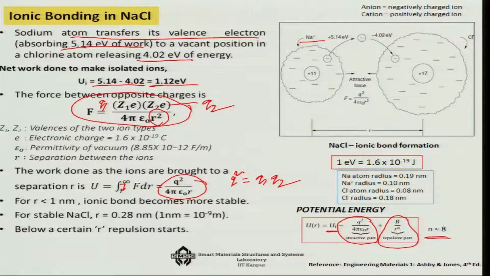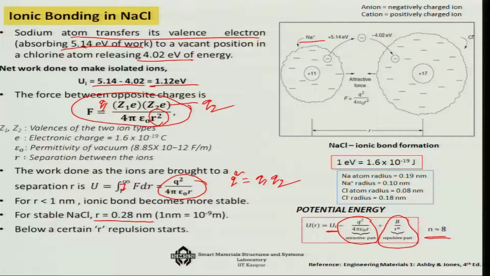That is what gives us the total energy in the system. One can show that from the minimization of the energy point of view, at about 0.28 nanometer you will see the minimum energy, which means the system comes into equilibrium. That is very important for the sodium chloride bond to become stable.